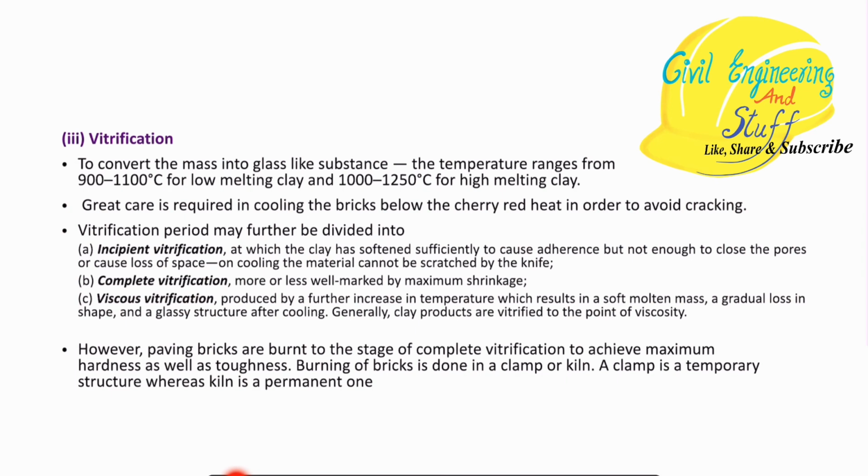After this, we have viscous vitrification. Suppose that after the complete vitrification has been done, due to some negligence or inexperience, we keep the brick in the kiln for burning, right? We keep on burning the brick. What will happen is the chemical constituents will start to melt, right?